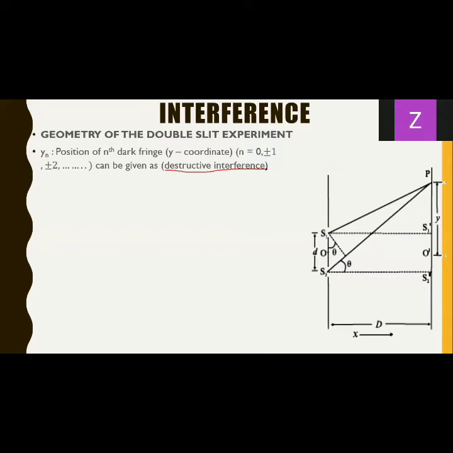For that, we can write S2P minus S1P, which is delta L, the path difference, which is given as yn d by D, equal to (n minus 1 by 2) lambda. That is the condition we have for destructive interference. So the formula for yn can be given as (n minus 1 by 2) lambda D upon d.